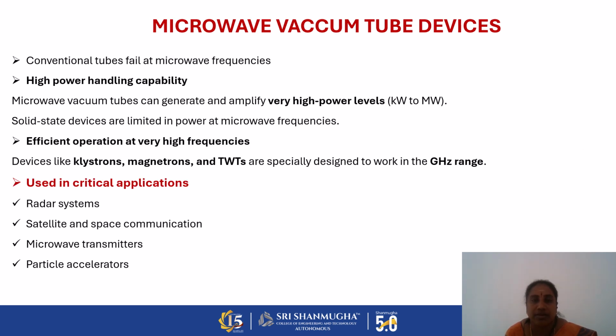These are the general applications in microwave systems: radar systems, satellite systems, space communication, microwave transmitters, and particle accelerators. The general vacuum tube we use in the microwave system is the reflex klystron, which is the main source element present in the entire microwave system.